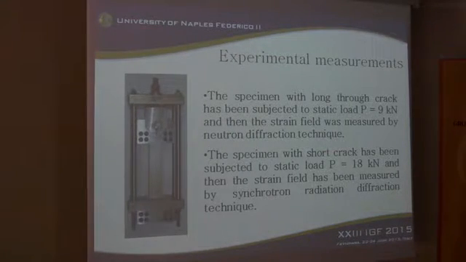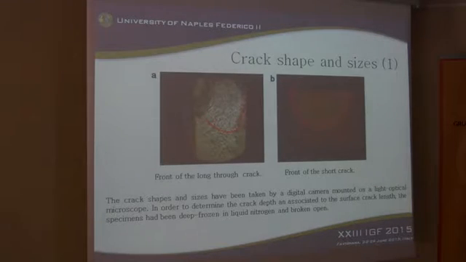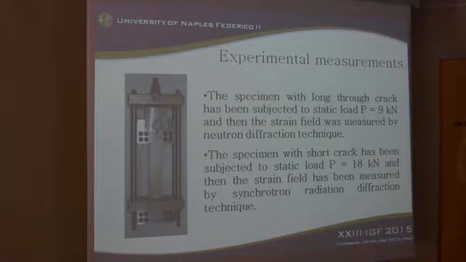The specimen with a long crack was subjected to a static load of 9 kN, and then the strain field was measured by neutron diffraction technique. The specimen with the short crack was subjected to a load of 80 kN, and then the strain field was measured by synchrotron radiation diffraction technique.